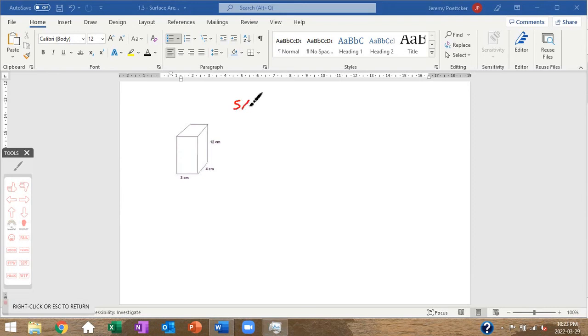So surface area equals top times 2 plus the bottom times 2. No, sorry, the top times 2 gives me the bottom.